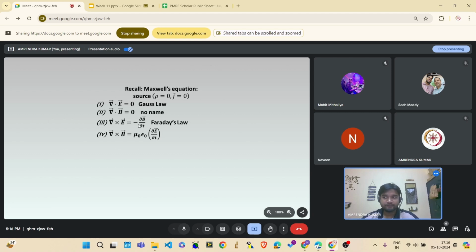Whatever the function is, like an exponential can be, the value that we are putting inside the exponential should be x minus ct or x plus ct, not x square plus c square t square. So it's not quadratic or anything. It's linear in nature, and that we have found out.